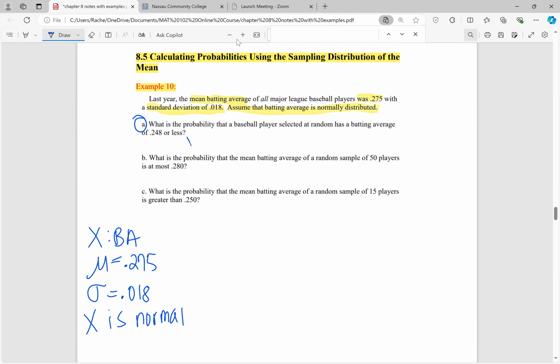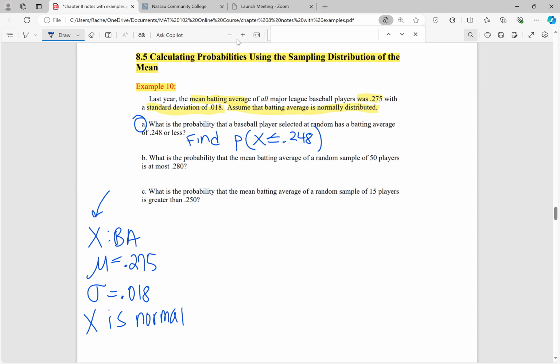So we want to find the probability that, that's how we write that using probability notation, if we were to take a baseball player at random, his batting average, and batting average is just X, would be .248 or less. So less than or equal to .248. So we would have to use that inequality, less than or equal to. So that's what we're trying to solve in part A.